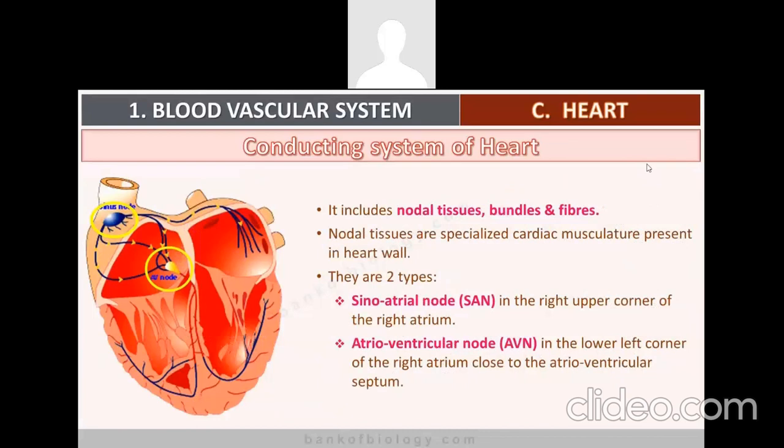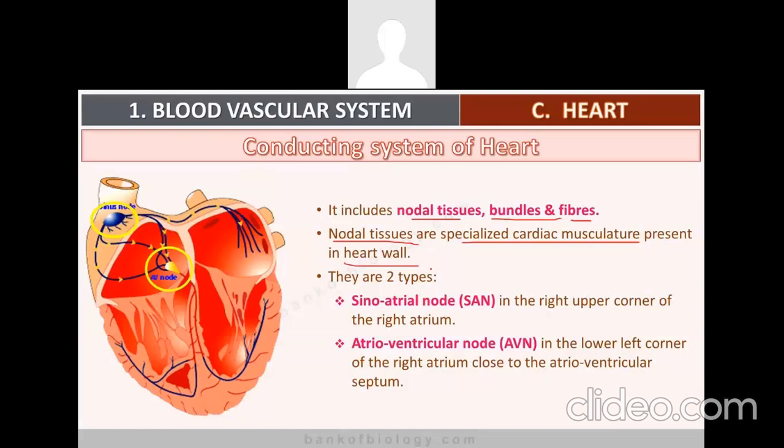Conducting system of the heart. The conducting system of the heart includes the nodal tissues, the bundles, and the fibers. So it consists of three main components. The nodal tissues are specialized cardiac musculatures that are present in the heart wall. That means they are made up of cardiac muscles, but still they are made up of some special kind of muscles.